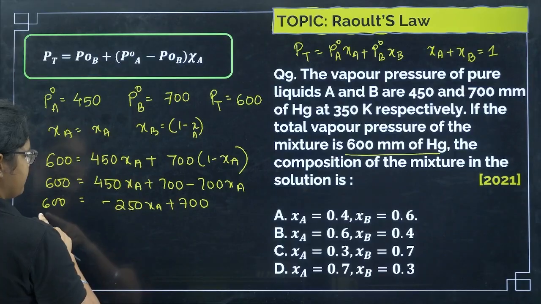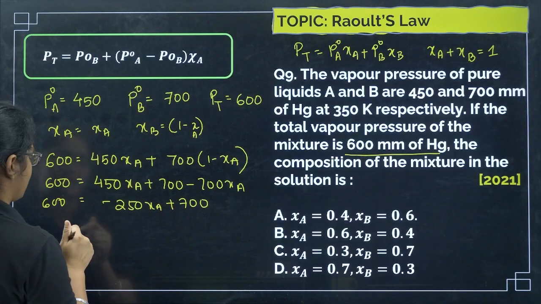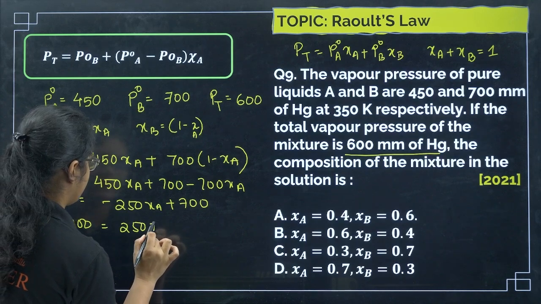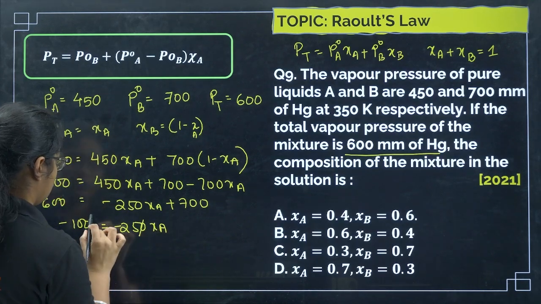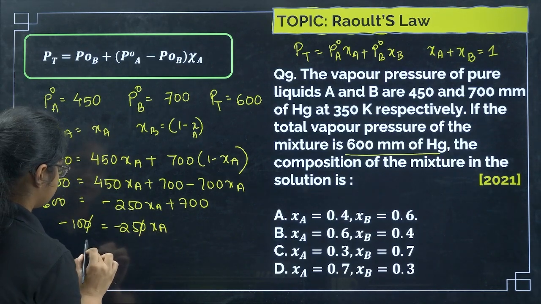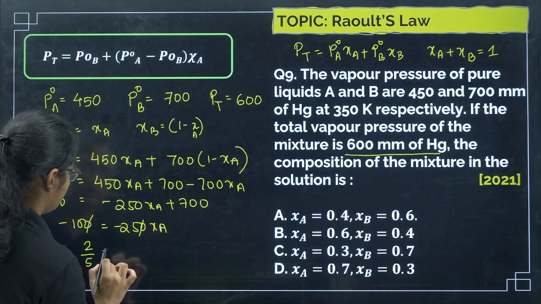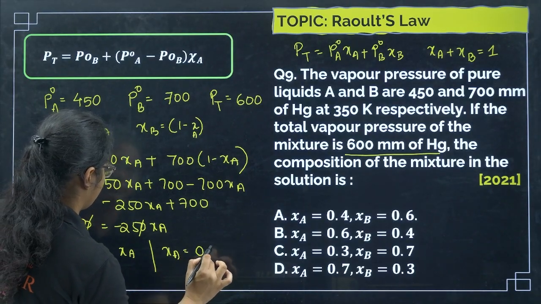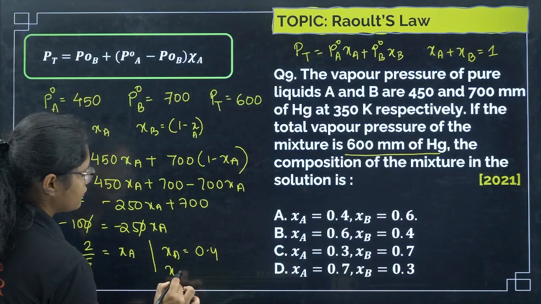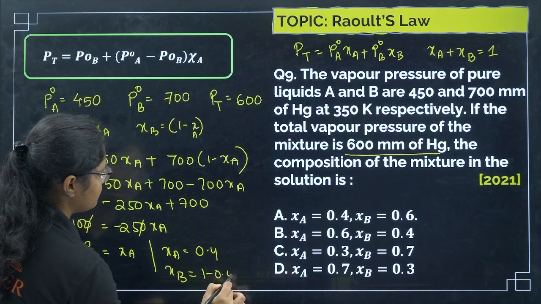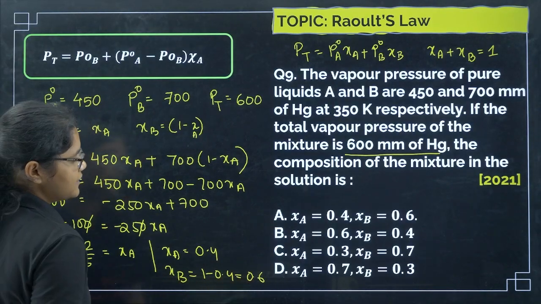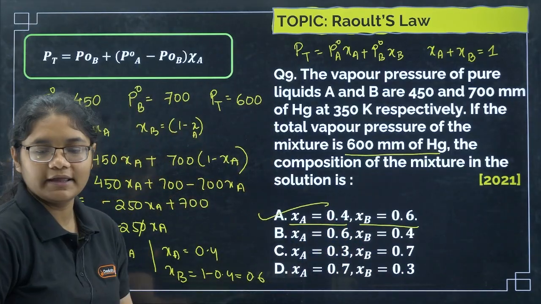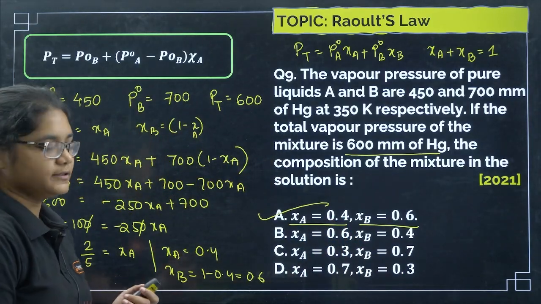Now if this 700 comes to this side, I will have minus 100 is equal to minus 250 XA, and then if I solve, I'll get 2 by 5 is equal to XA, and then XA is 0.4. If XA is 0.4, then XB will be 1 minus 0.4, which is 0.6. So I have XA 0.4, XB 0.6, option number A here, right?